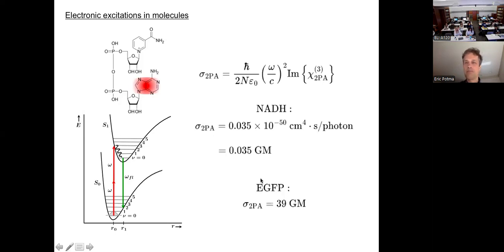What about GFP? GFP, 39 Goeppert-Mayers. So GFP, once again, is a much better chromophore and fluorophore. It absorbs in one photon and two photon much better than NADH does.